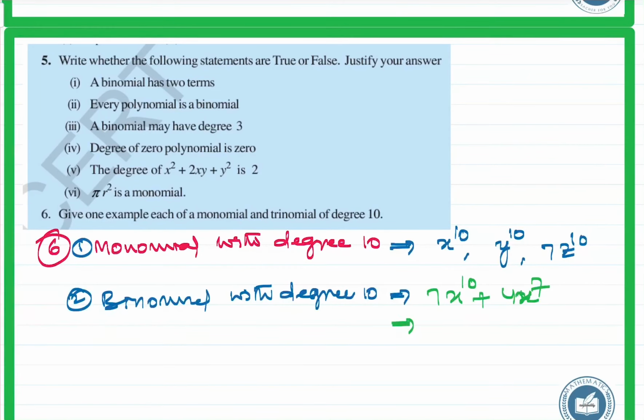So the degree is 10 only. Next, 3y to the power of 10 plus 4y to the power of 5. So it is a binomial and a 10th degree polynomial.